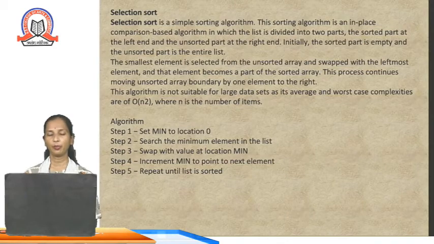If the minimum element is found, its value is interchanged with the variable minimum, and then minimum is incremented to point to the next element. The same process is repeated to find the next minimum element from the list.